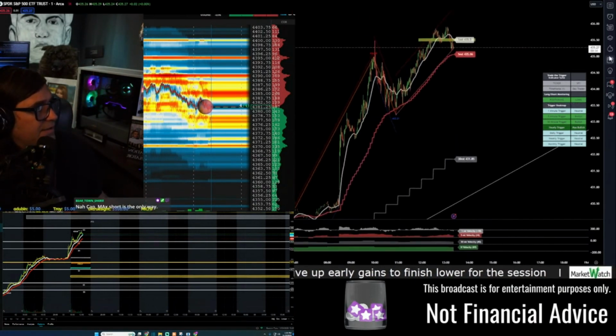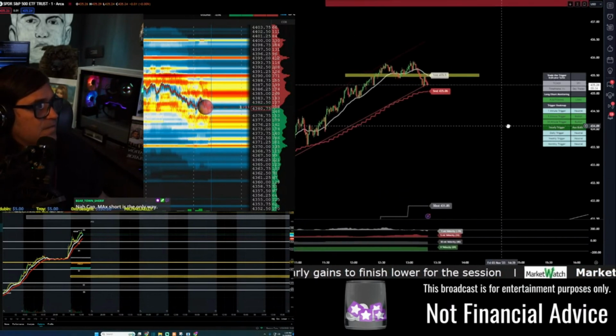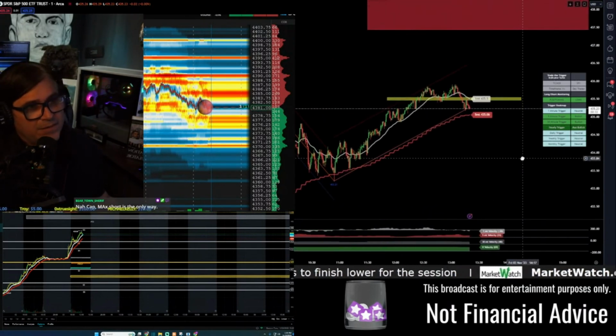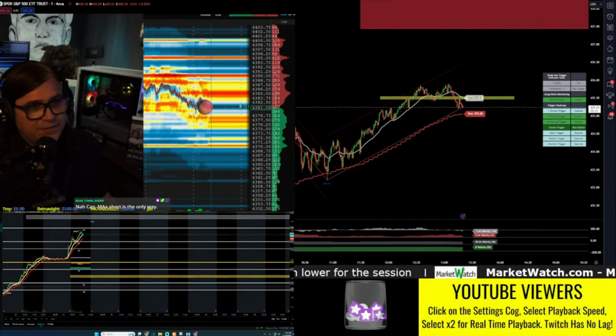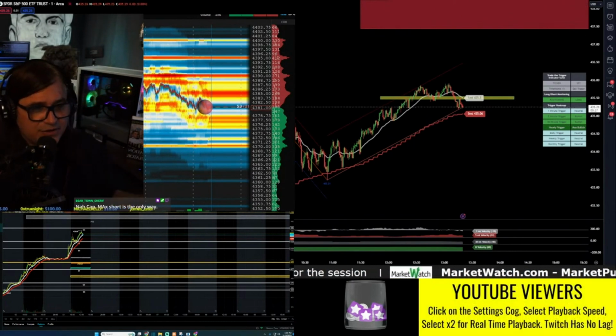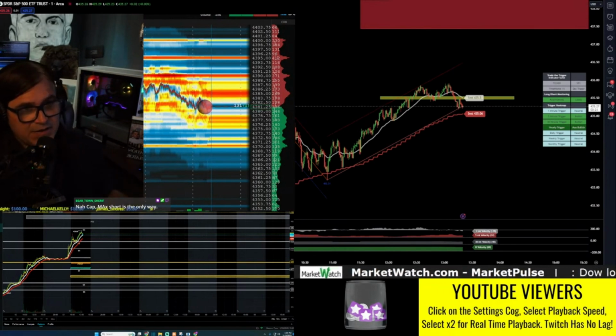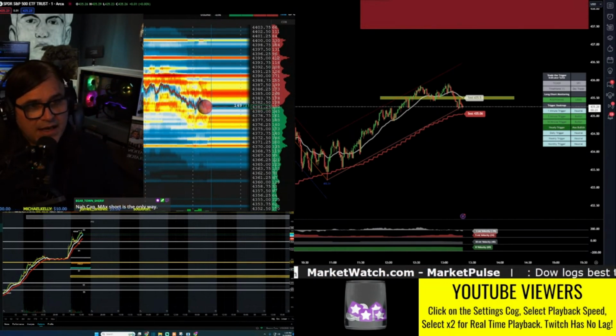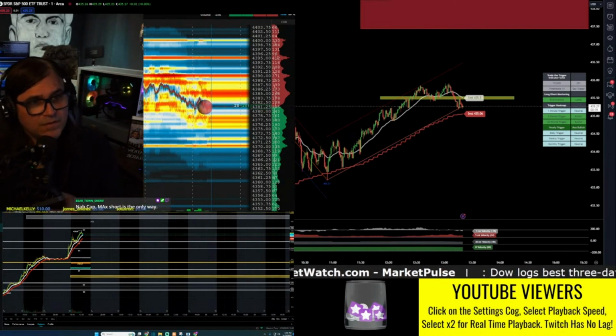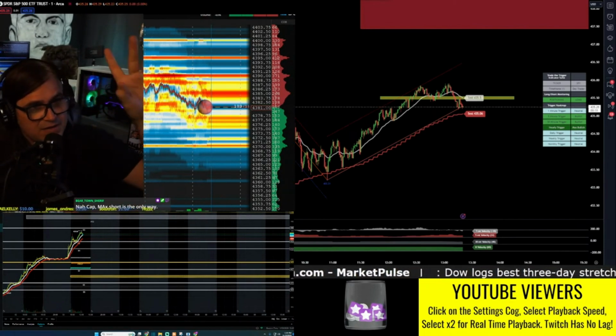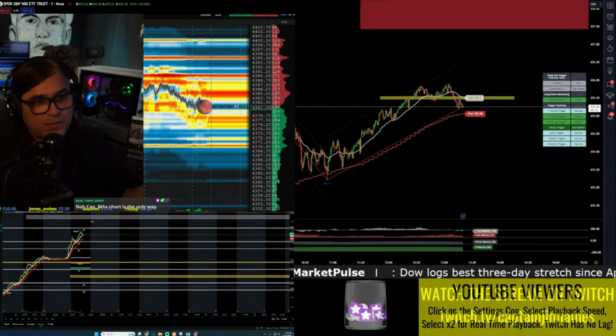Another good part about that trade is that if we continue to drive higher, you can trade zero dates and still be in those put spreads. You can be in those put spreads and trade the market up, right? You can buy yourself some zero-day calls, and if it continues to go higher, it's going to pay you even more.